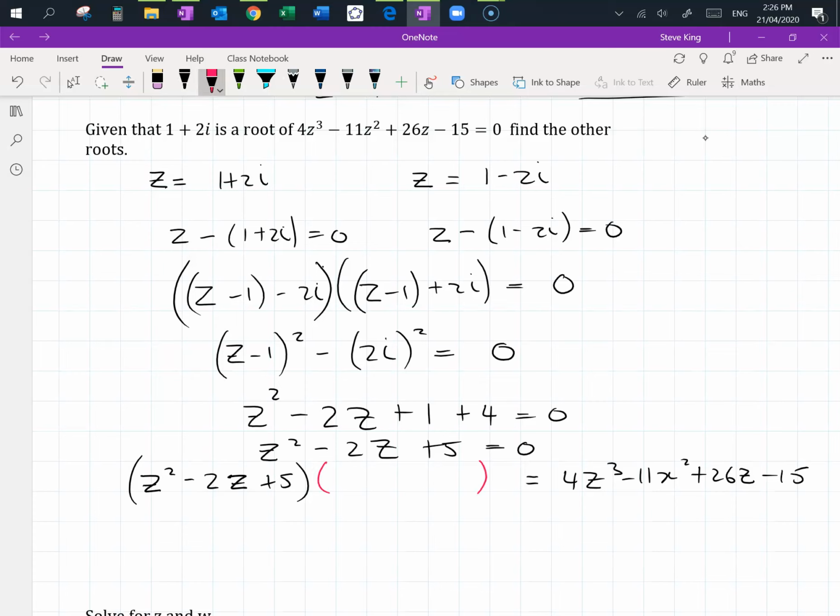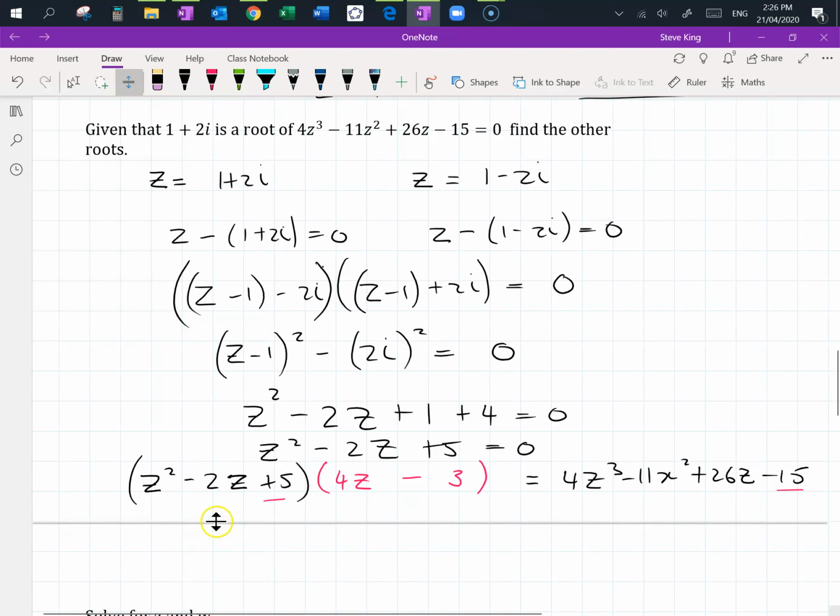I've got a z squared already. If I'm going to make a 4z cubed, I must have 4z over here. If I'm going to make minus 15, I've already got a factor of 5, so this has to be minus 3. And there I've got my final root. I now have the three roots for this particular equation.